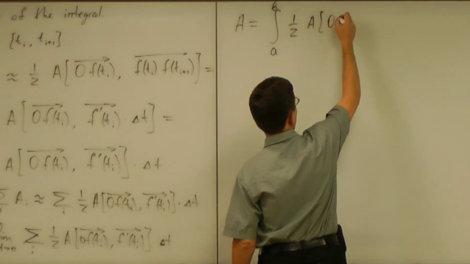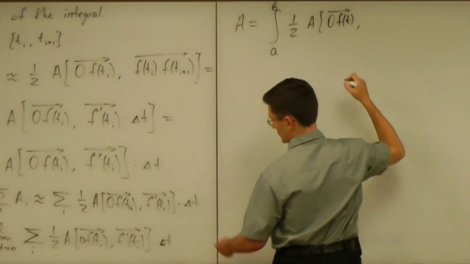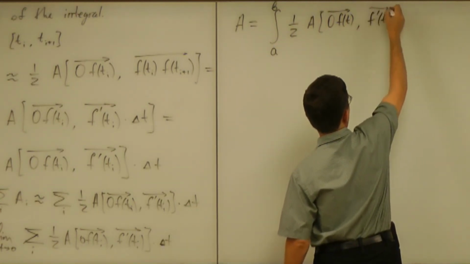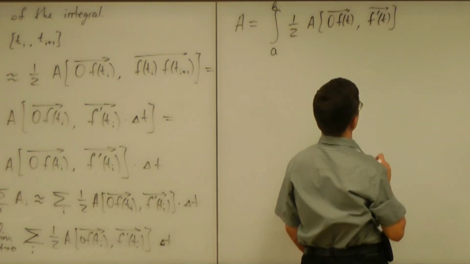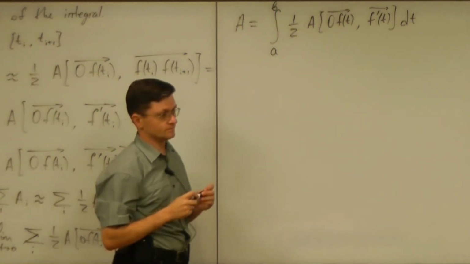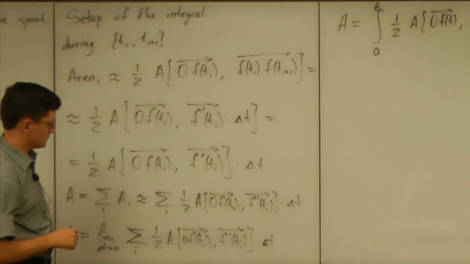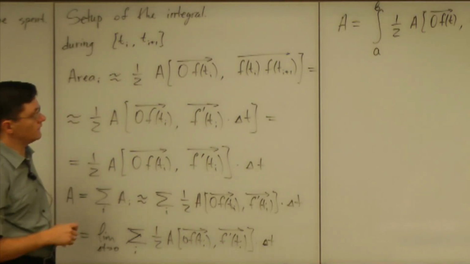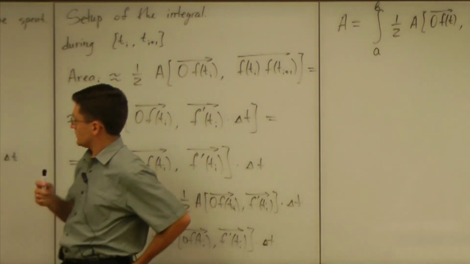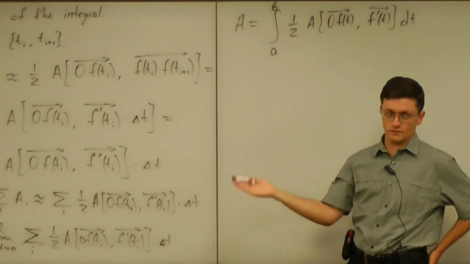One is from origin to the position point, and the second is the velocity vector. So that's what we have to integrate here. So that's it. We found the formula for the area swiped by radius vector.